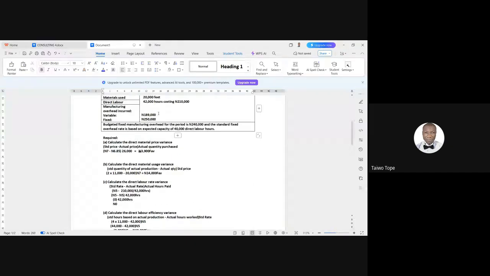See your variable element. It's not given to you per hour.